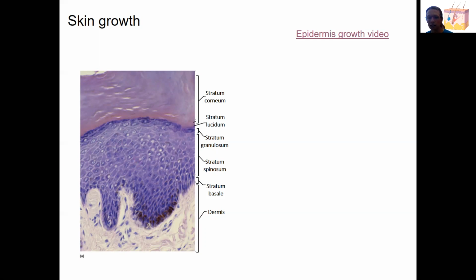Okay. Something that's interesting about this is, from here down, you've got a turnover every few weeks of your entire epidermis, right? So one thing that's kind of cool to think about is if you're going to get a tattoo, what layer do you think it has to go to for it to be permanent?